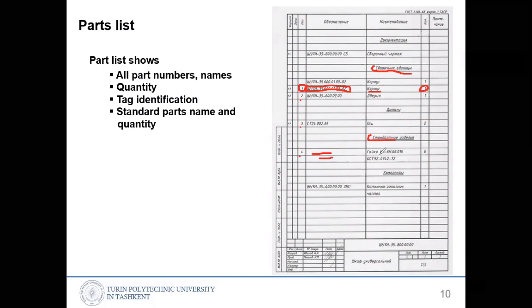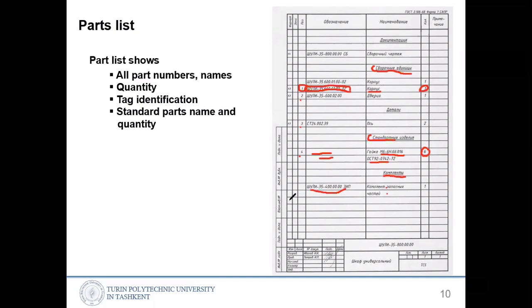So you write the name, then the standard number, and then how many are needed, so 6. And you might also have some spare elements, spare parts, so you can write that it includes spare parts, and then write the spare part name and also the drawing number.